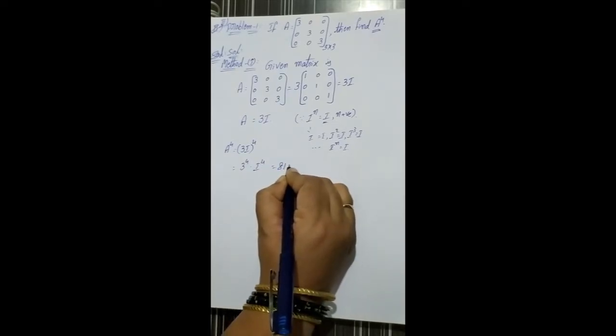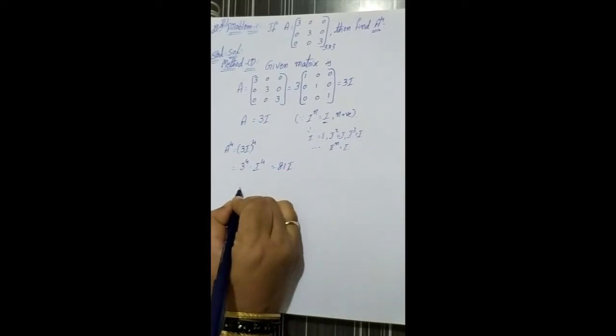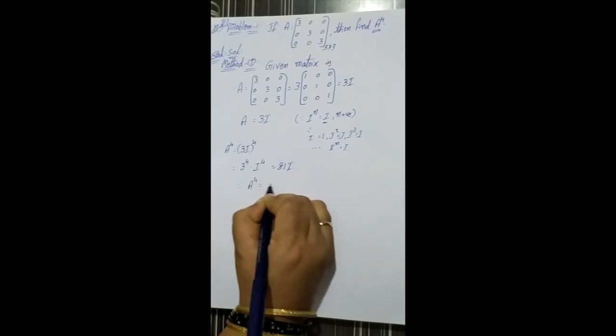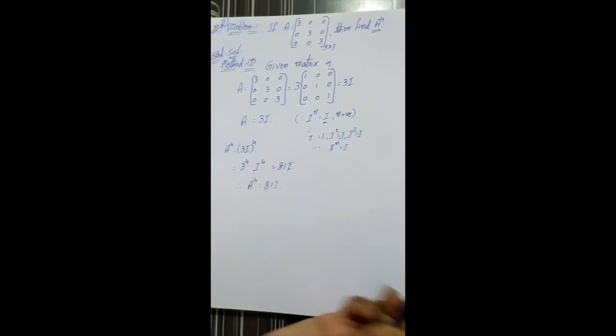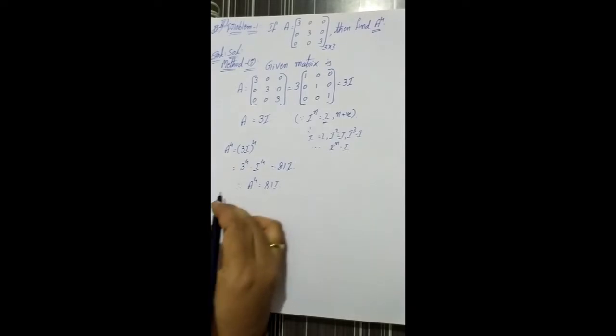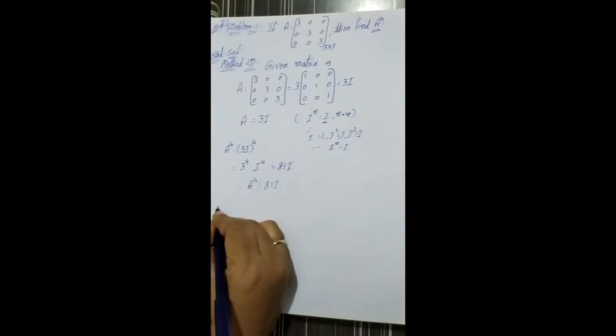I power 4 value is I. That is A power 4 equal to 81 I. This is one easiest method.